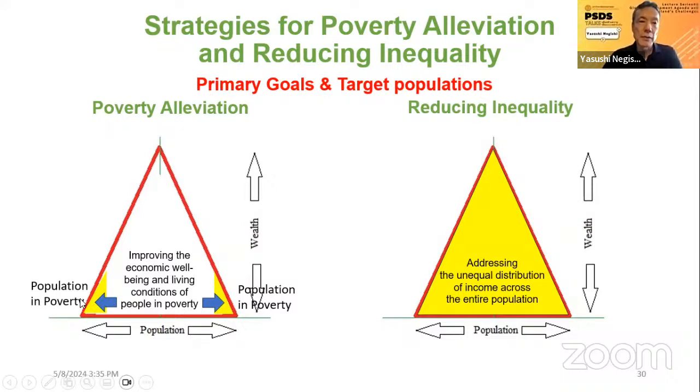And as for the poverty alleviation endeavor, we have to improve the economic well-being and living condition of the people in poverty. So in this pyramid, we have this part who are in poverty.